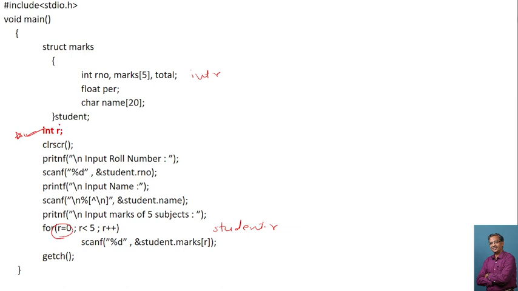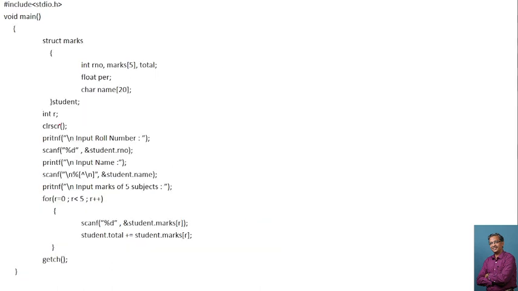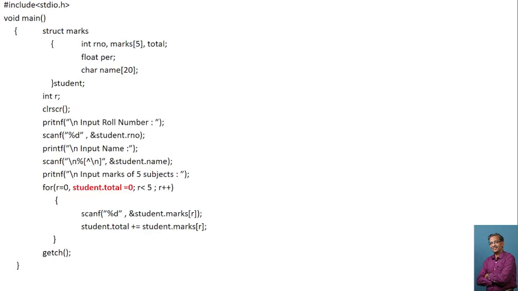Similarly, after reading the marks, we can calculate the total immediately within the same for loop: student.total plus equal to student.marks of i. Initially we have to give this total the value 0, and we can give it like this: student dot total equal to 0.